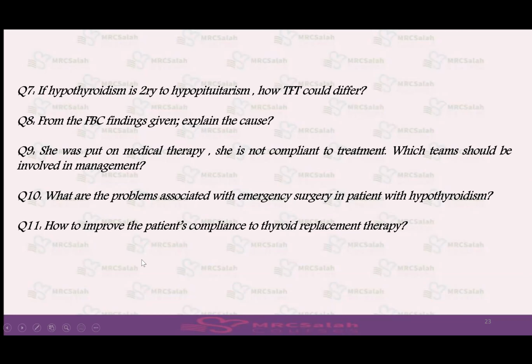How to improve the patient's compliance to thyroid replacement therapy, Dr. Mansour? First, I will call the patient and discuss his non-compliance with him. Is it about social problems or psychological problems? Second, I will ask his relatives and involve them in the discussion. Also, I will try to contact his GP.